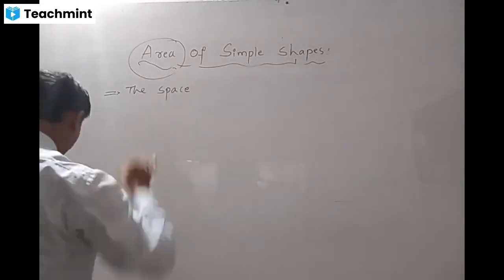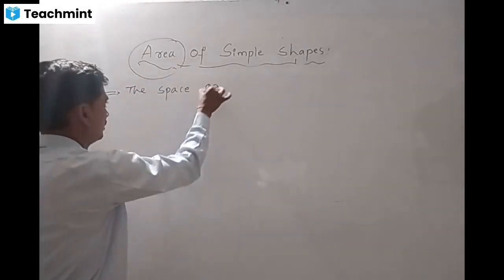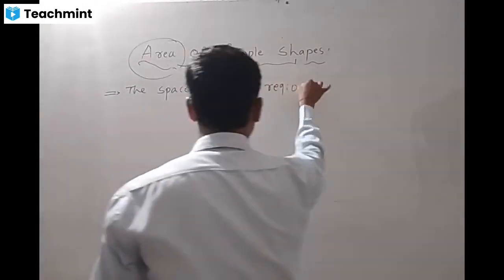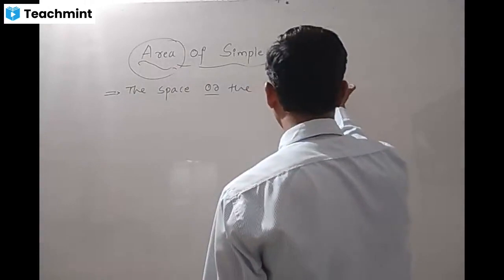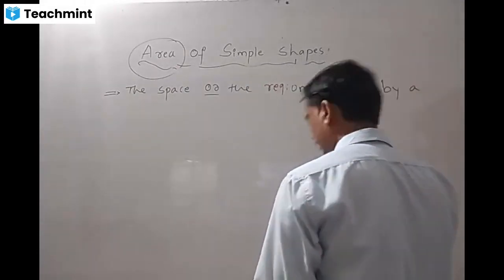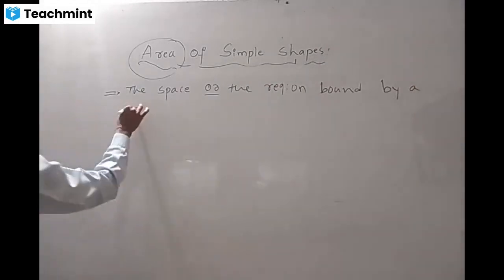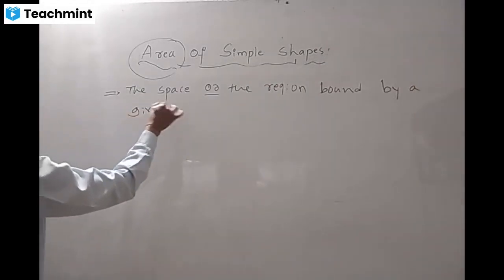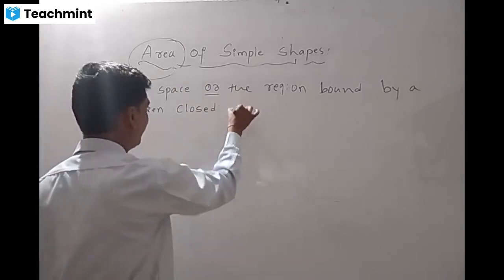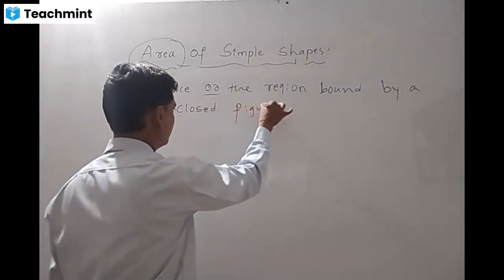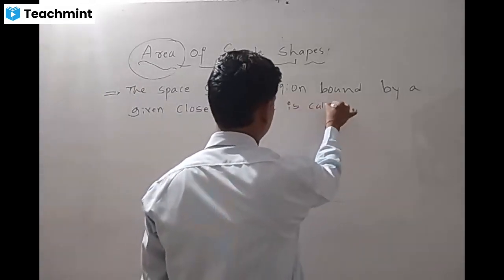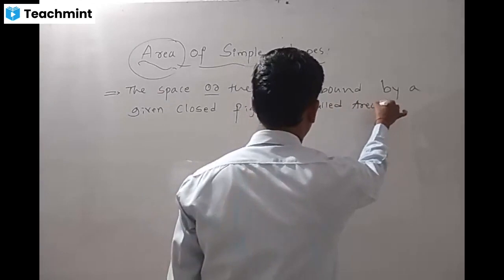The space or the region bound by a given closed figure is called area.